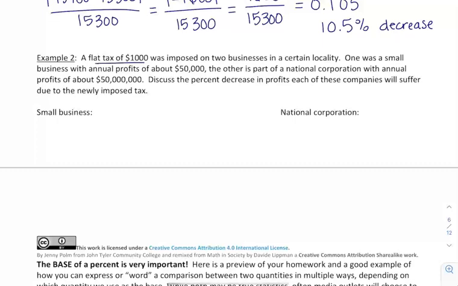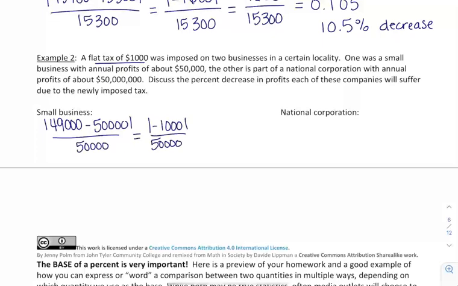So it's a flat tax, everybody pays the same amount. So the small business after that tax will make only $49,000 instead of their old value of $50,000 over $50,000. So it's 1,000 over 50,000.